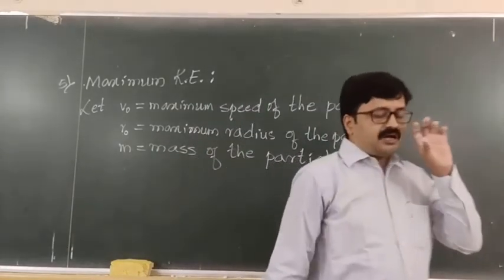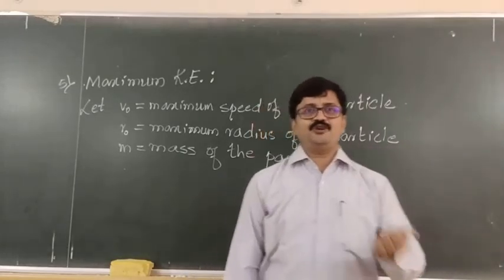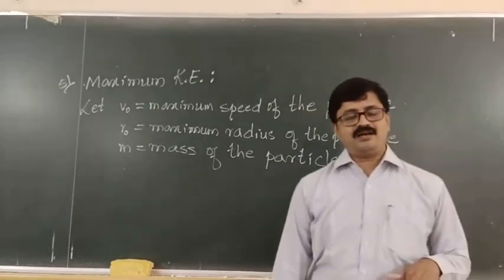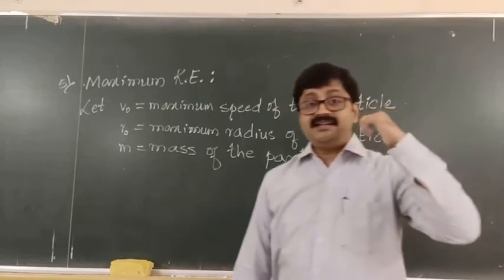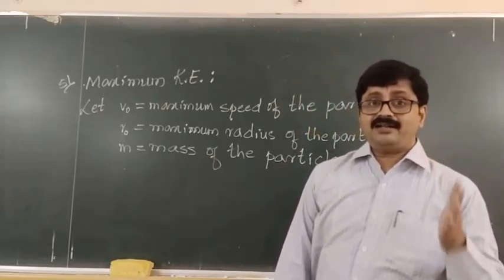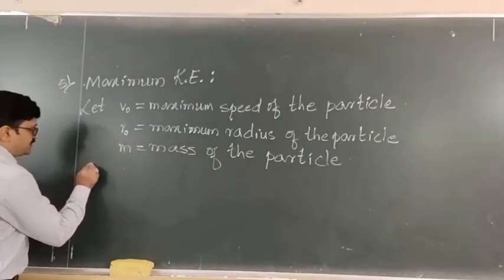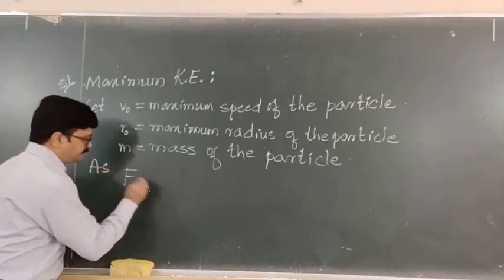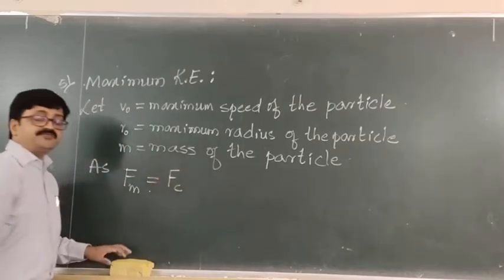As you all are aware, the particle is making uniform circular motion, and in case of uniform circular motion we will always have what kind of force? Centripetal force. So that centripetal force is obtained because of what? The magnetic force. Hence we can say magnetic force Fm is equal to centripetal force Fc.